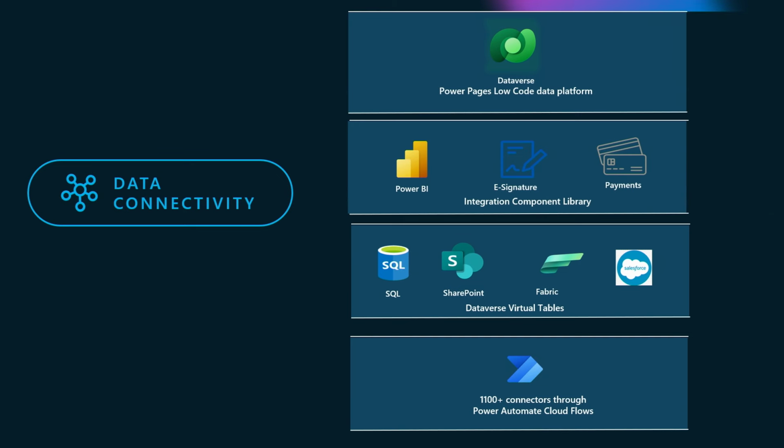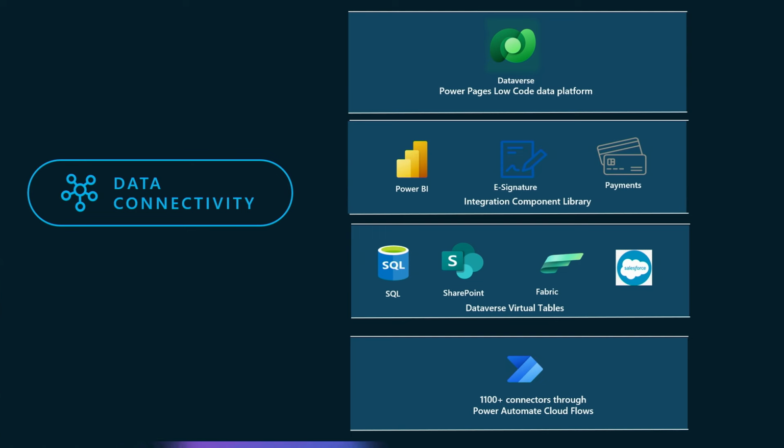We offer out-of-the-box integrations with both internal and external products, allowing makers to integrate Power BI into Power Pages or integrate e-signature providers like DocuSign and payment providers like Stripe through simple configuration steps.